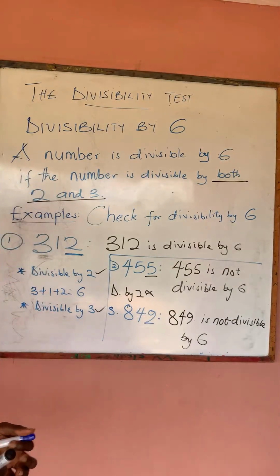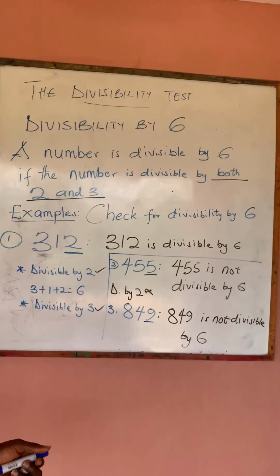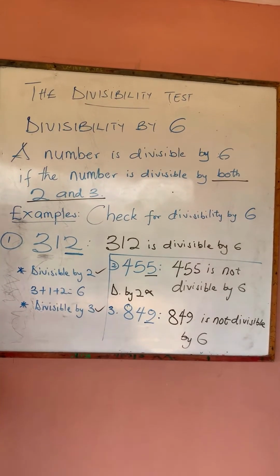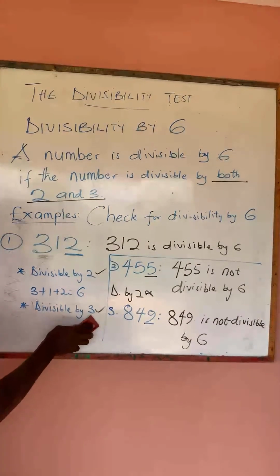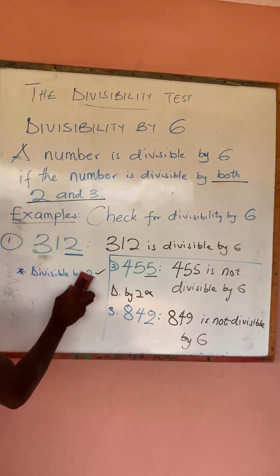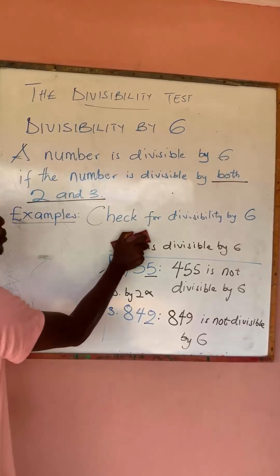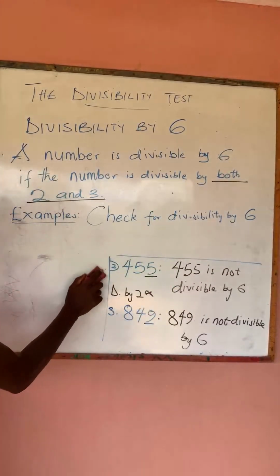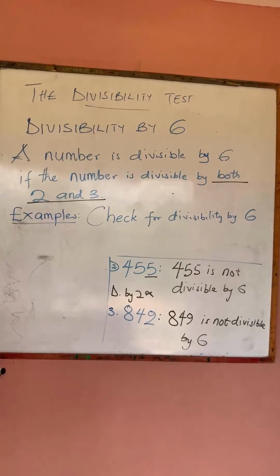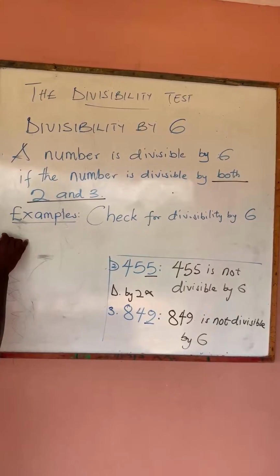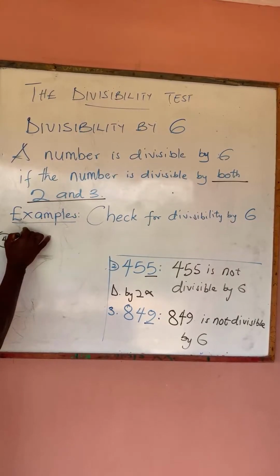Alright, let's take our last example to see how that one too will go. That's our fourth example. Number 4, 742.